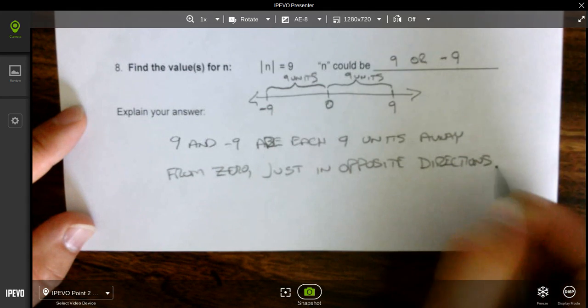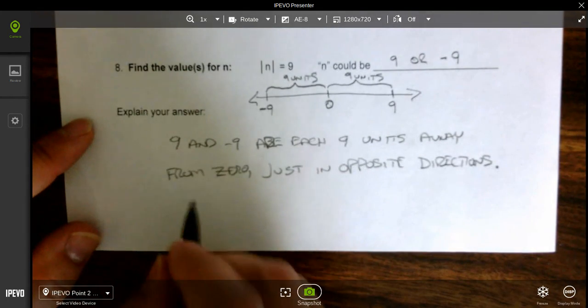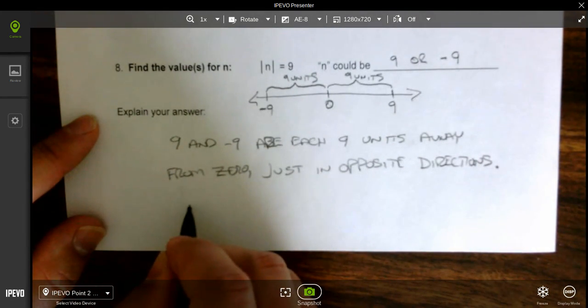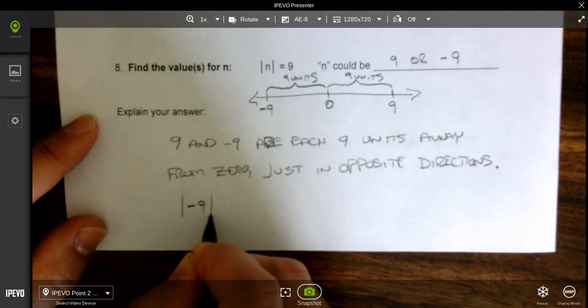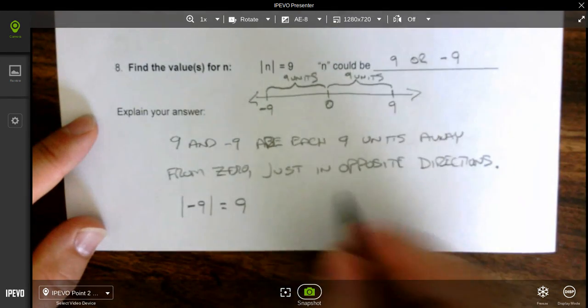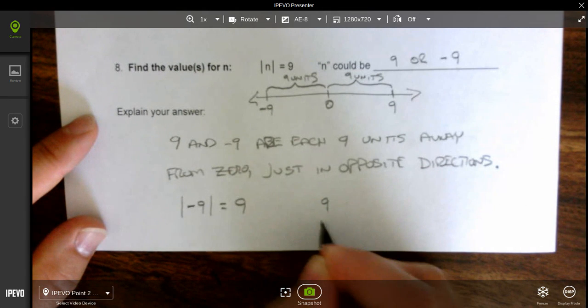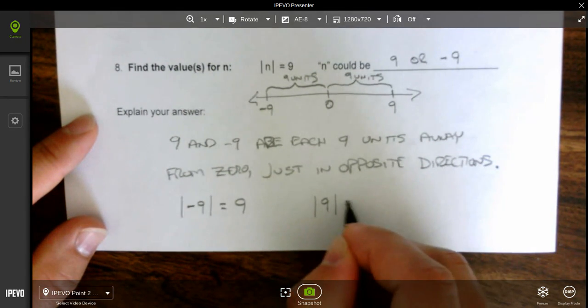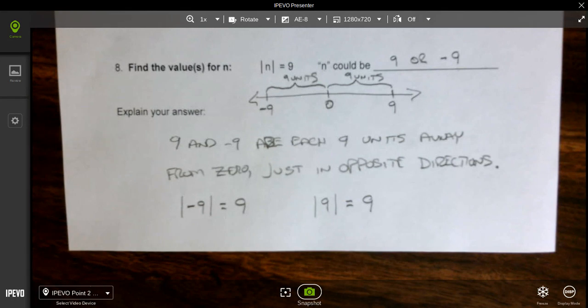Okay, remember, distance can only be a positive value. So if I went 9 units to the left, I'm going to have the number -9, but that distance from 0 is 9. Or if I went 9 units to the right, I'm going to be at +9. That distance, that absolute value, is also going to be 9.